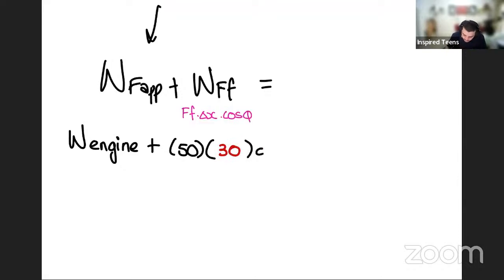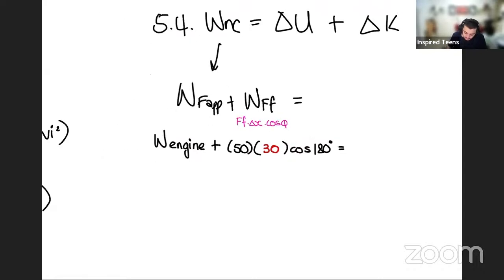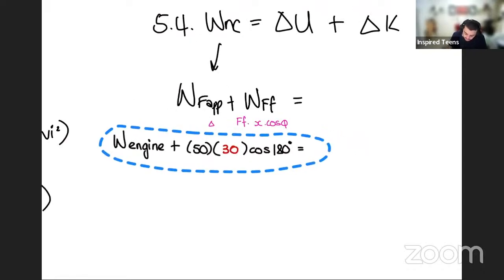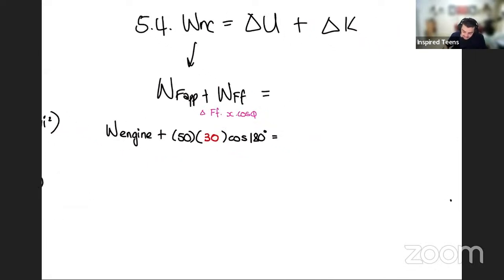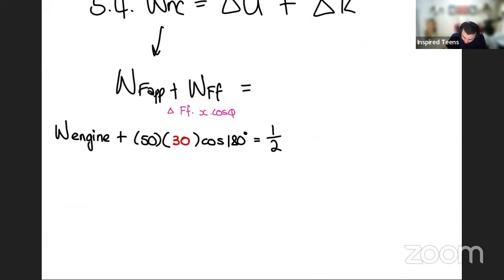Okay, times cosine. Of course, frictional force will always be 180. Shift this over a little bit. Okay, delta U, this is going to be half m, which is 200. No, sorry, this is mg, 200 times 9.8.